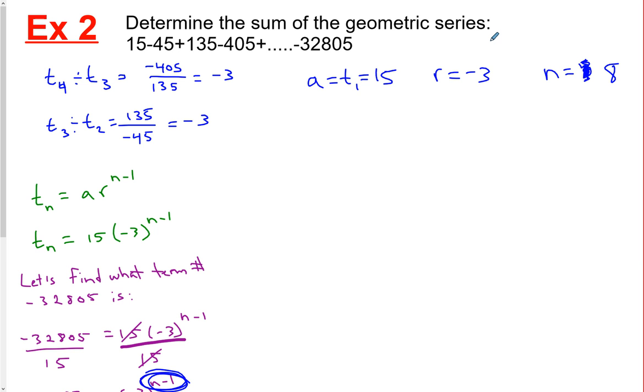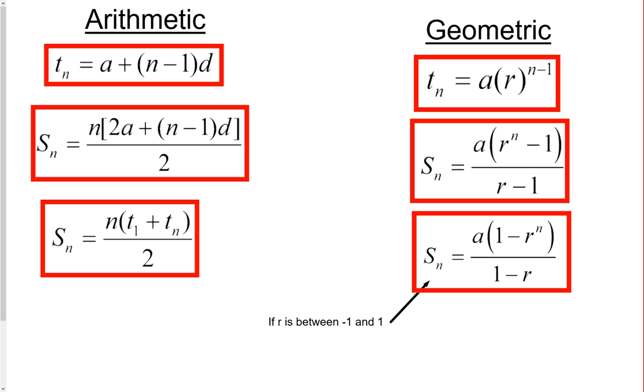Okay, now we're going to use our formula to add them all up. So our sum formula for geometric, that was back here. It's second one from the top on the right-hand side.